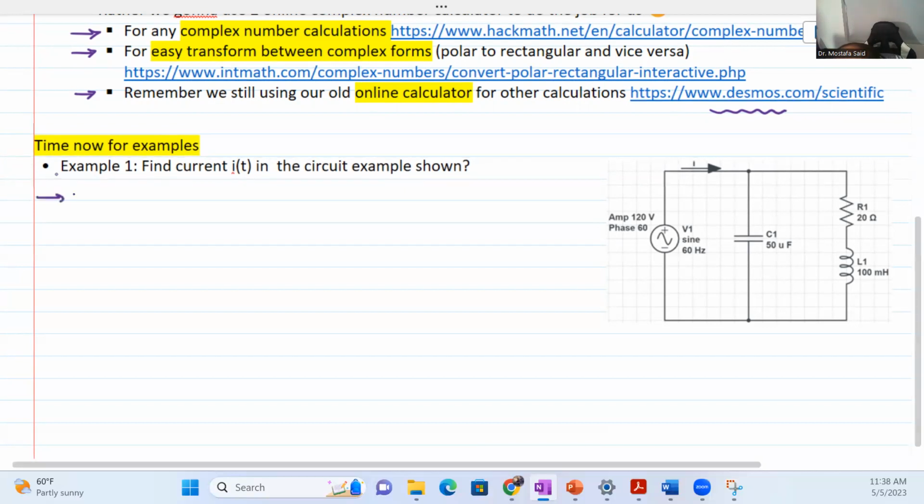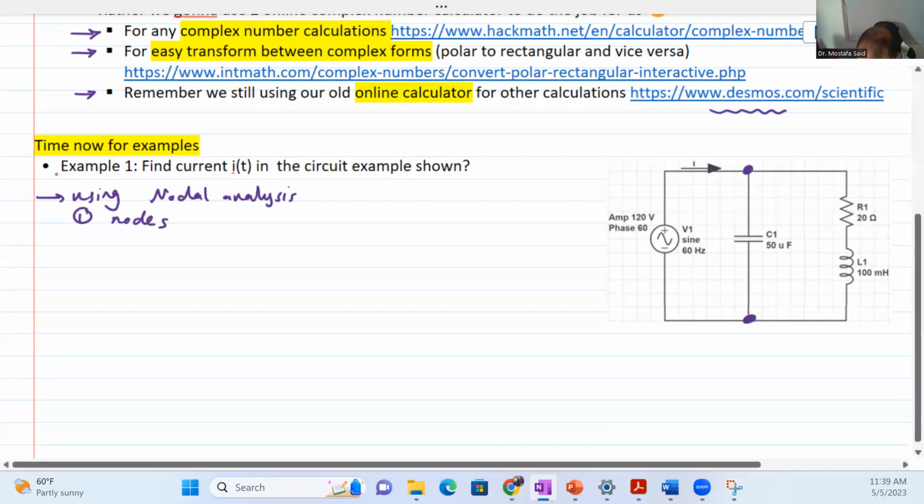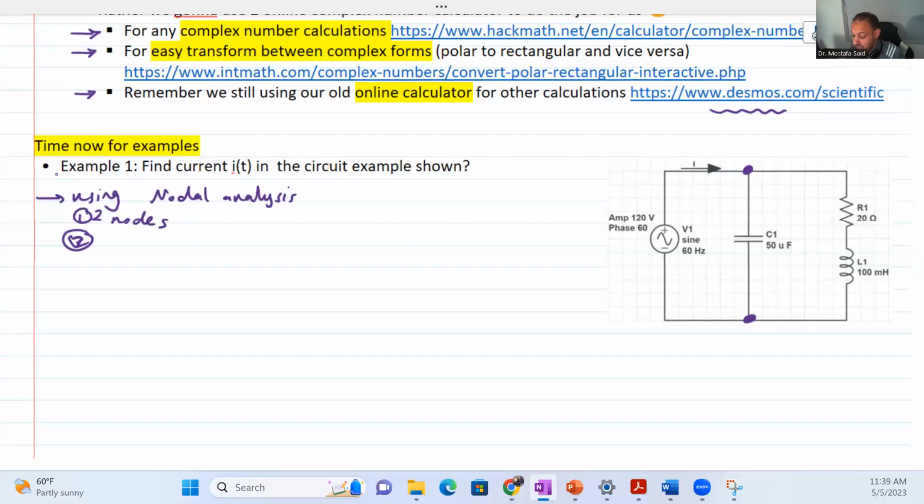So using the nodal analysis, the steps are the same, just like DC. Number one, we search for the nodes. We have two nodes: this node here and this node here. Number two, assign one of the nodes as a ground or as a reference.